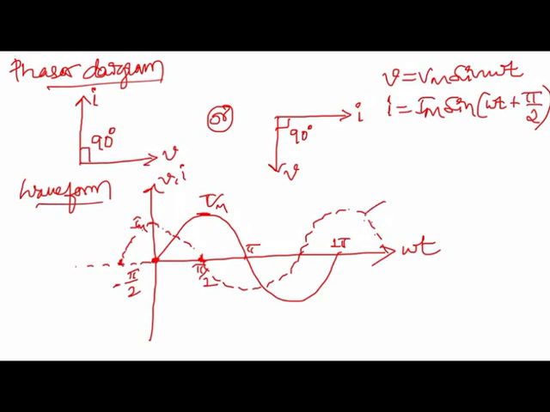So this is the nature of the current. This is the current I, and this is the applied voltage V. This is the waveform for voltage and current. Now let us calculate the instantaneous power as well as the average power. First, let us calculate instantaneous power.